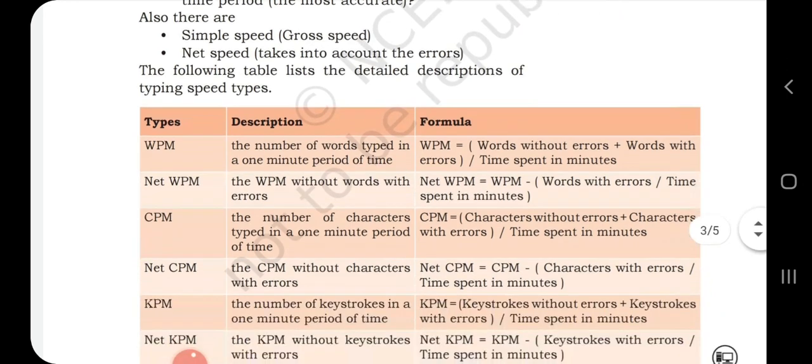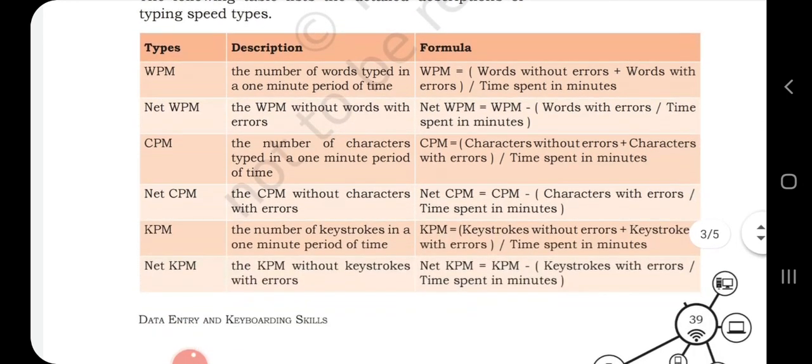First one is WPM. WPM means words per minute. Description is the number of words typed in 1 minute. Formula is WPM is equal to words without errors plus words with errors divided by time spent in minutes.